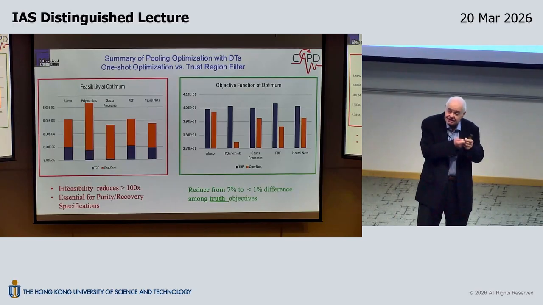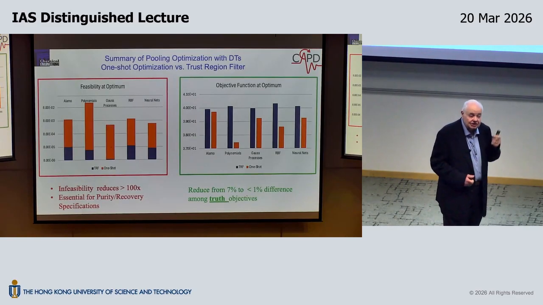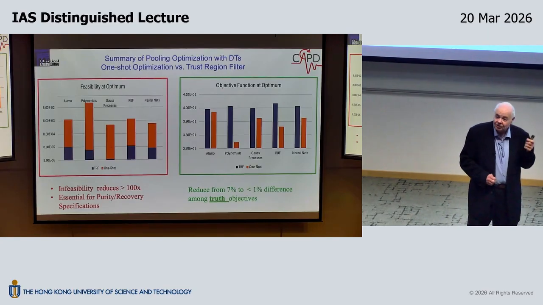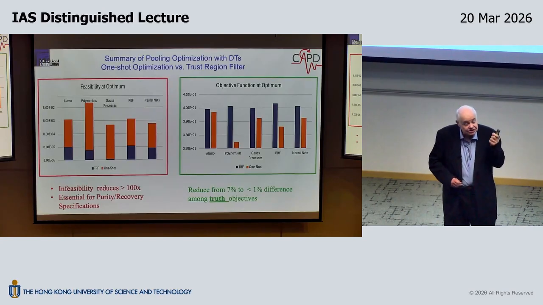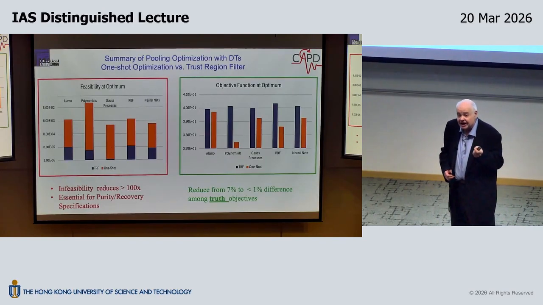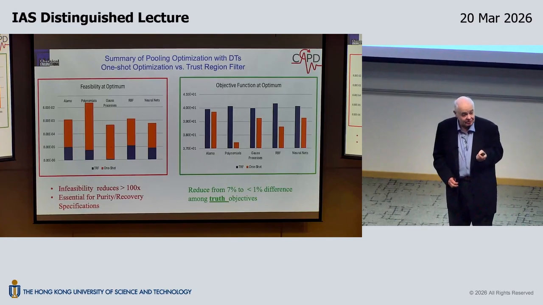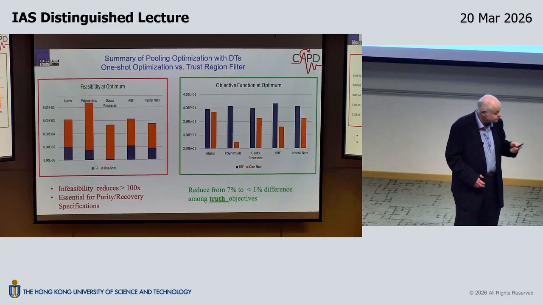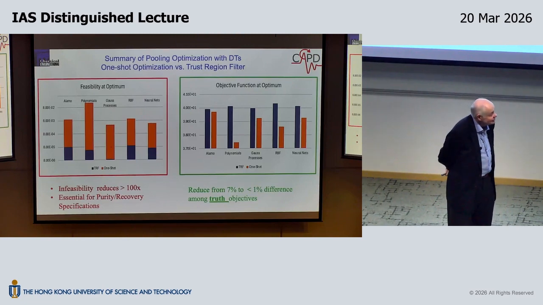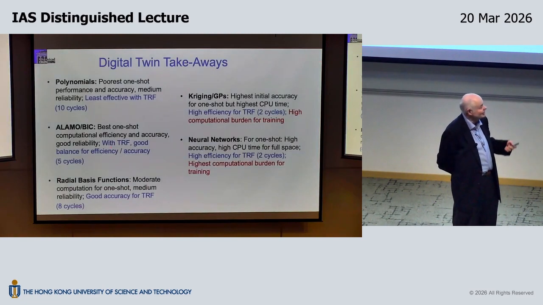If you wanted to tighten the tolerance and run more cycles, you can get it down even more. But the whole idea is now you can guarantee convergence to the truth model without having to solve the optimization problem for the truth model. And you can solve this with any digital twin you want. Just to emphasize that, I'm going to show you kind of a catastrophic case next.